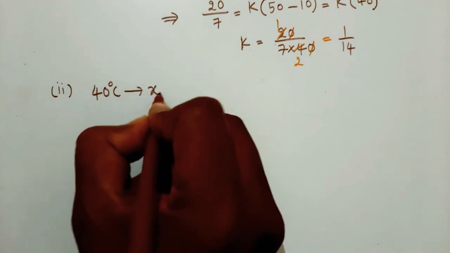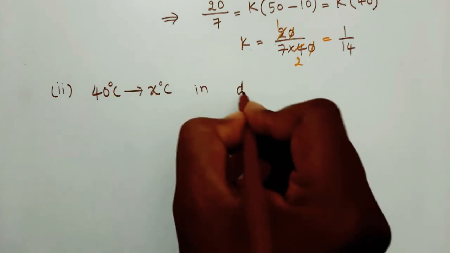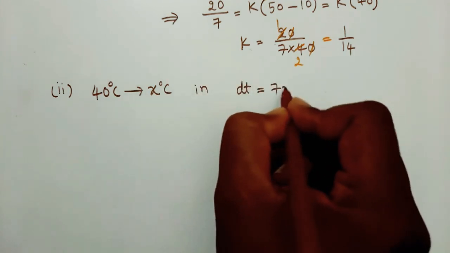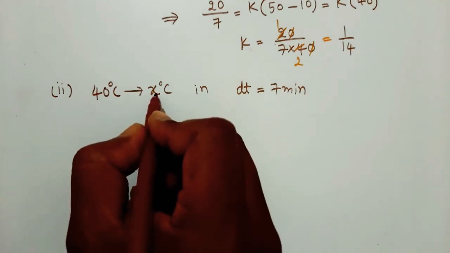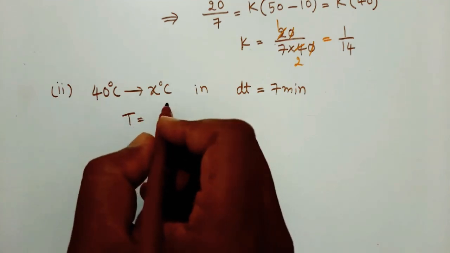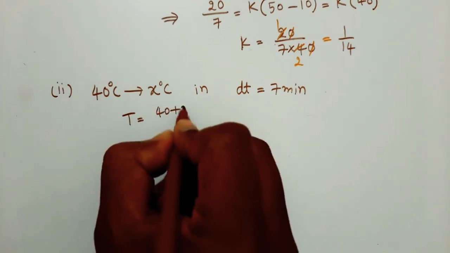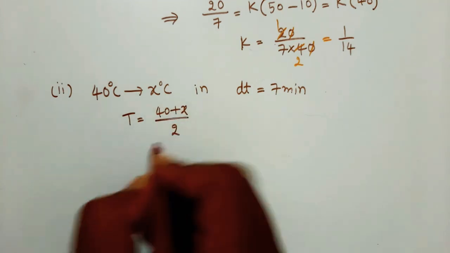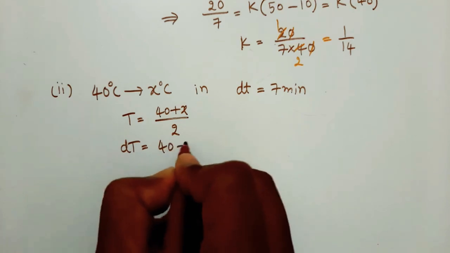Let us take that as x degrees Celsius in 7 minutes. That is, the time interval is 7 minutes. Here we have to find the x value. So here T is equal to what? The average temperature, that is (40 plus x) by 2. Here dT is 40 minus x.